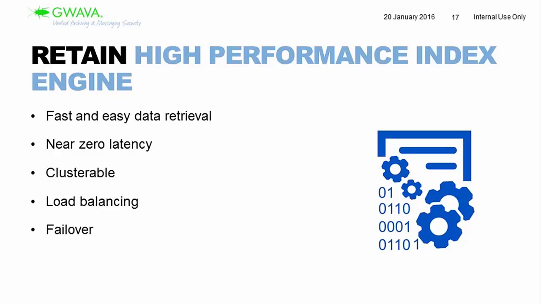The reason is that this engine is clusterable, so it can support an unlimited amount of search requests, and you can have load balancing for increased performance and failover, and you can spin up multiple indexes. So let's say that as you're archiving, you notice there's a latency in your indexing.